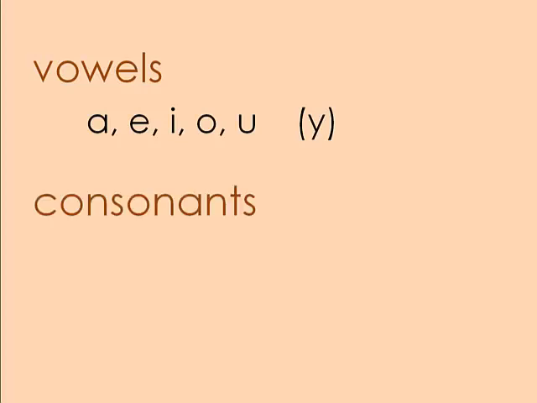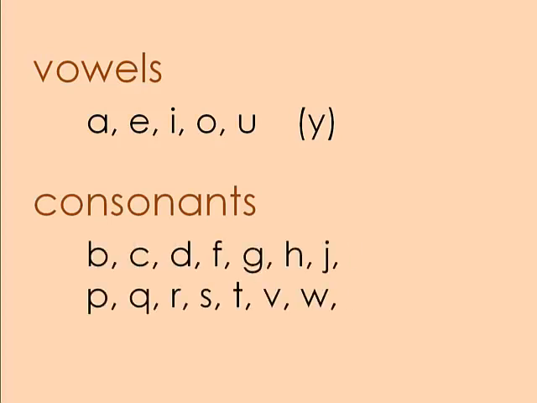In English, there are 5 vowels: A, E, I, O, and U. Sometimes Y is a vowel too. All the other letters are consonants. Any letter that is not a vowel is a consonant.